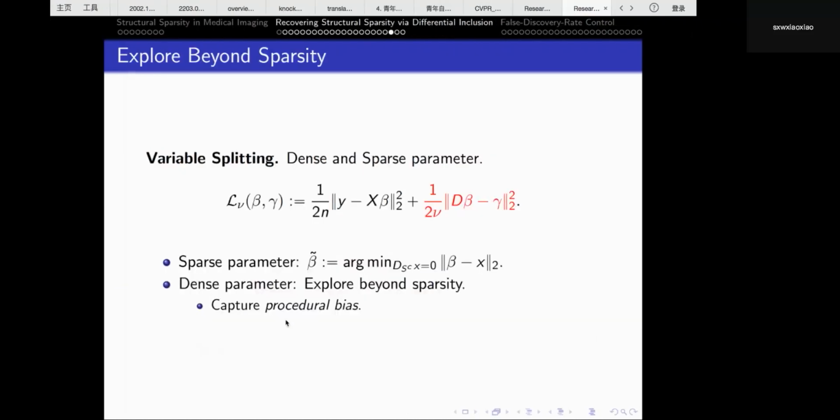In addition to the model selection consistency, the relaxation of the linear constraint endows the dense parameter beta with more degrees of freedom to capture other variables or signals that are related to the response variable. Therefore, our method can have better prediction power since we can capture the procedural bias.